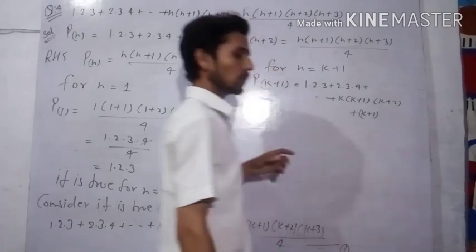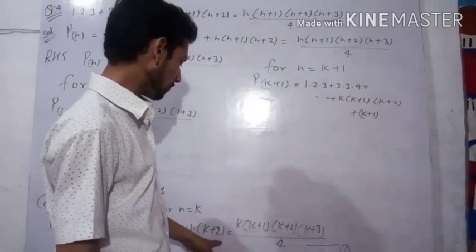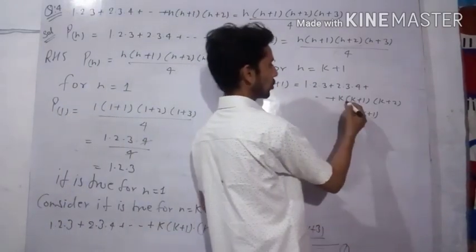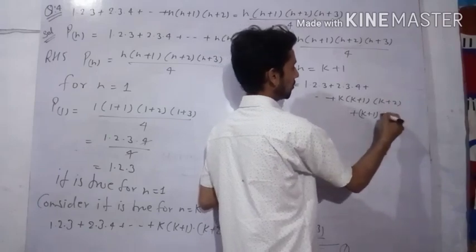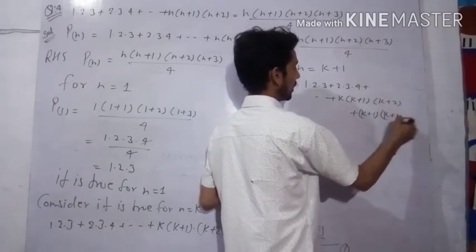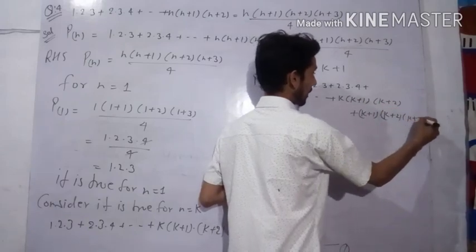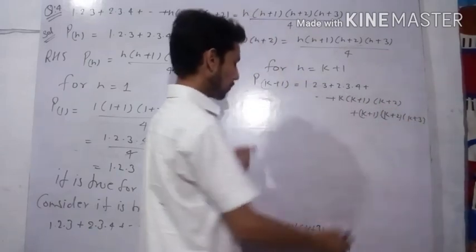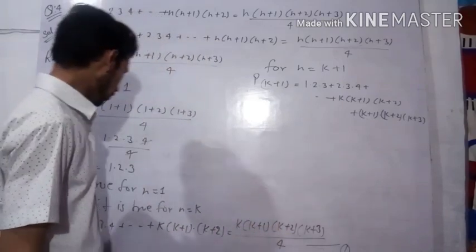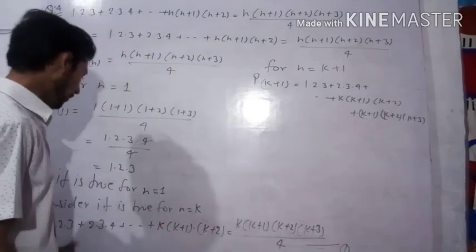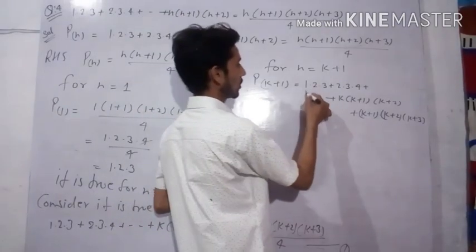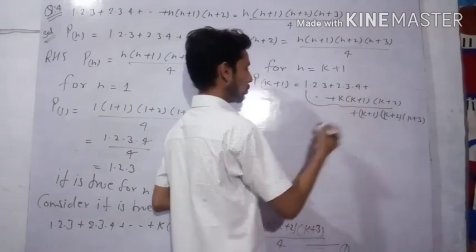We are putting the value of n as k plus 1, so one term will be increased: k plus 1 changes to k plus 2, and k plus 2 changes to k plus 3. From equation 1, we will use the given value.